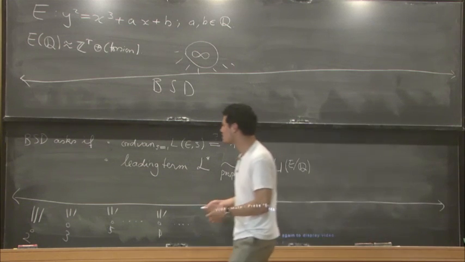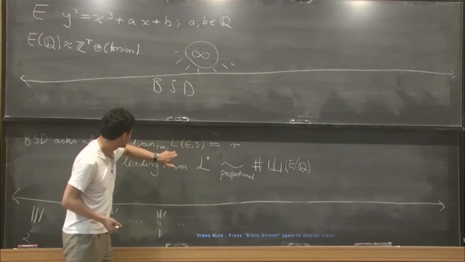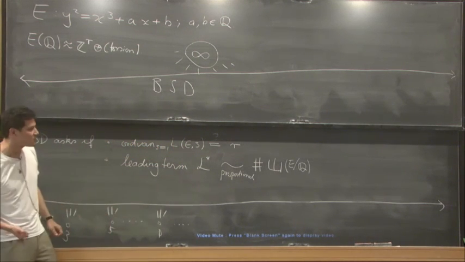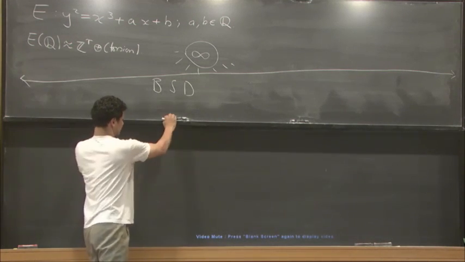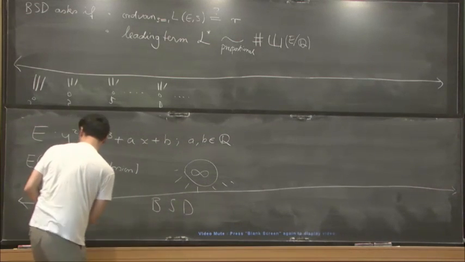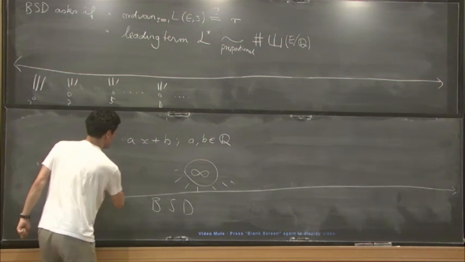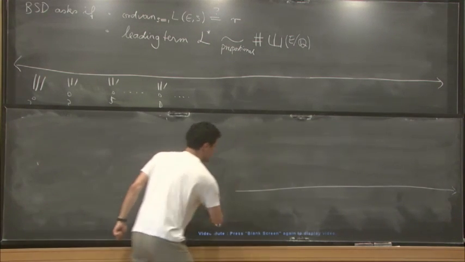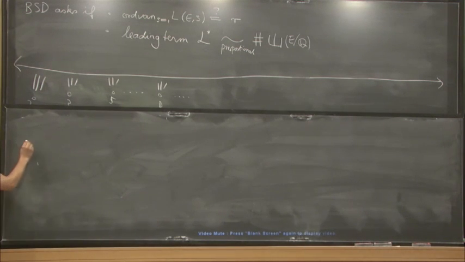Now, p-adic BSD is a very similar statement, but for that, we first need to come up with a nice p-adic avatar of the L function. So the thing to do is the following. Look at an extension of Q whose Galois group is isomorphic to Z_p, the p-adic integers.